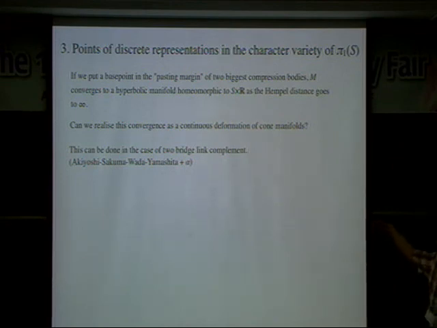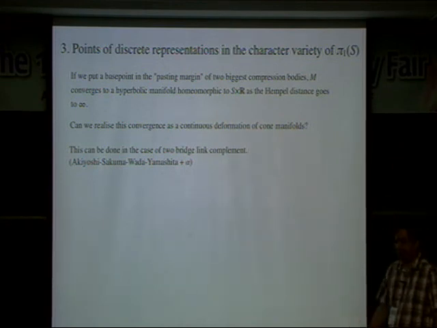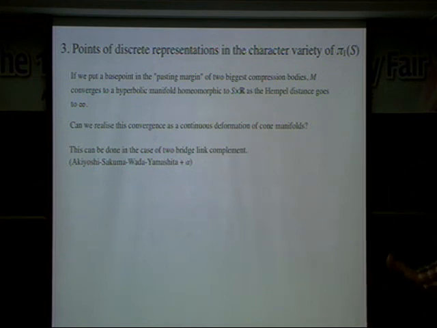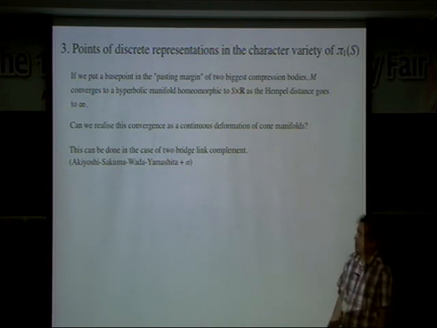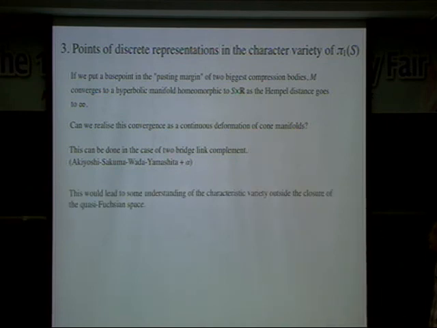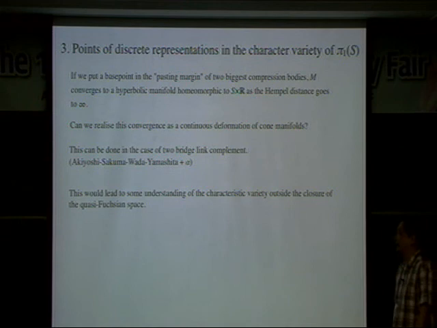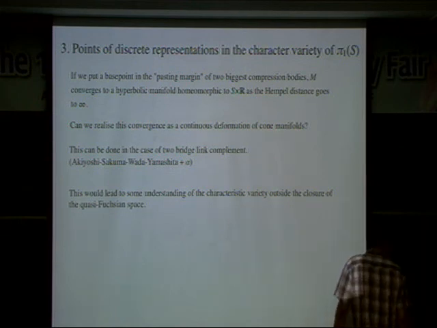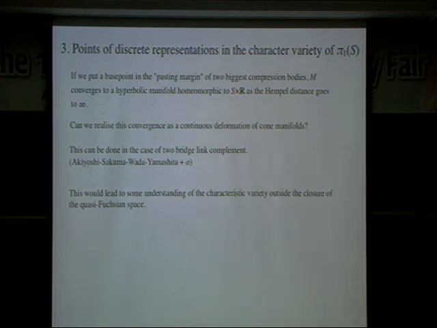They didn't write it down exactly, but using their technique, you can show that. So this should be the case in general for n-bridge decomposition.